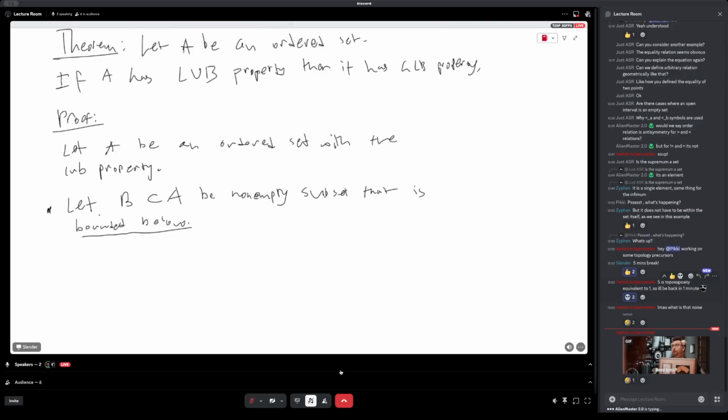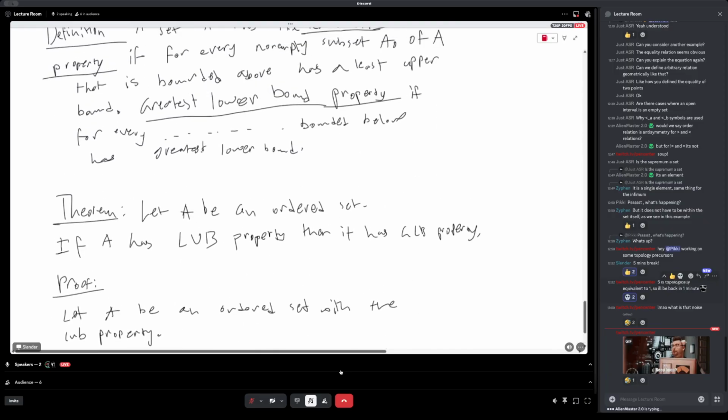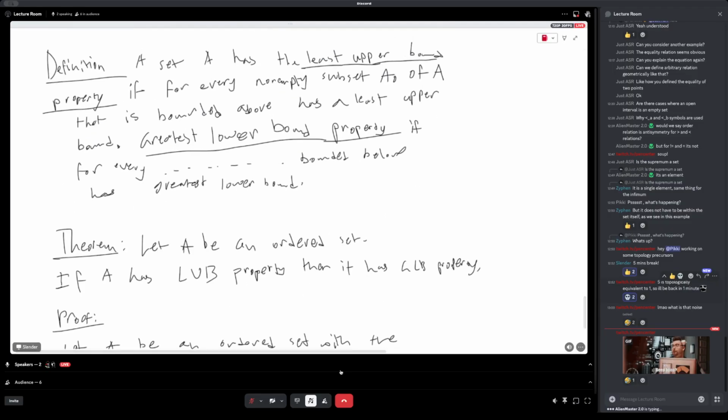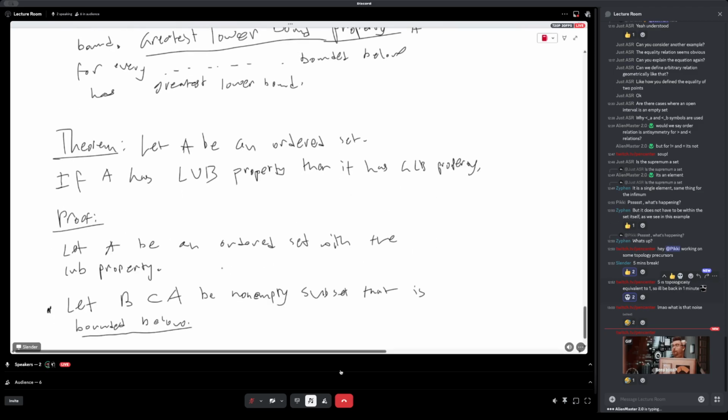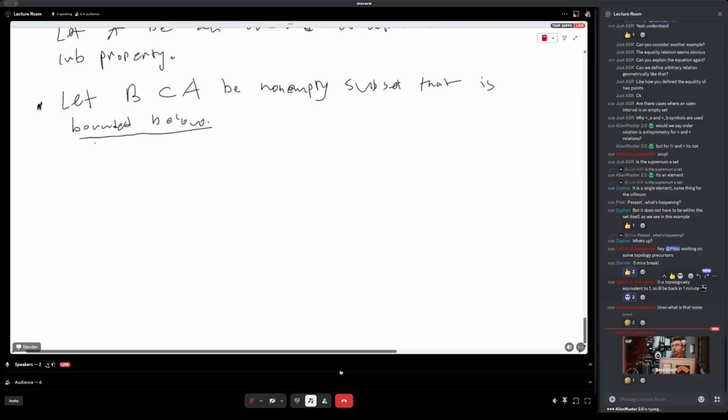We pick the largest one. We are basically going to show that the least upper bound and greatest lower bound lead to the same type of structure.